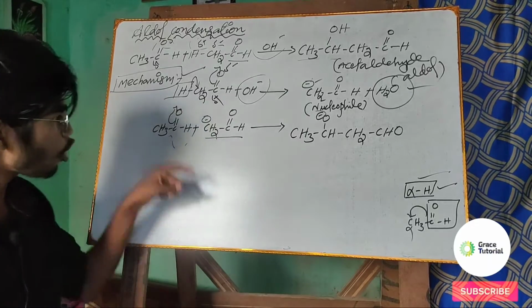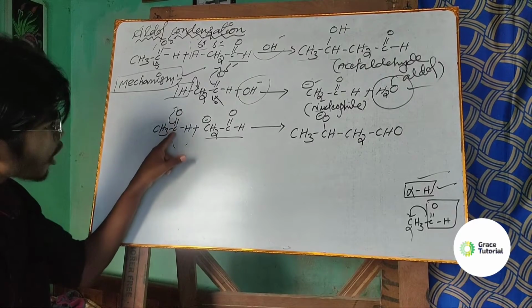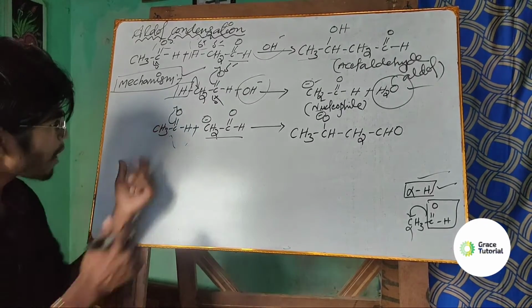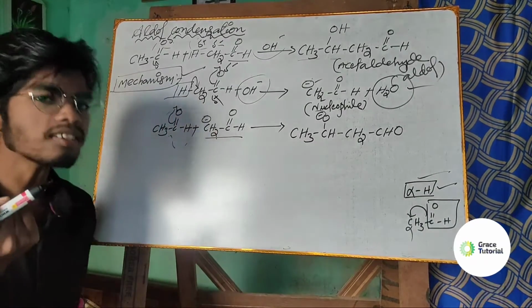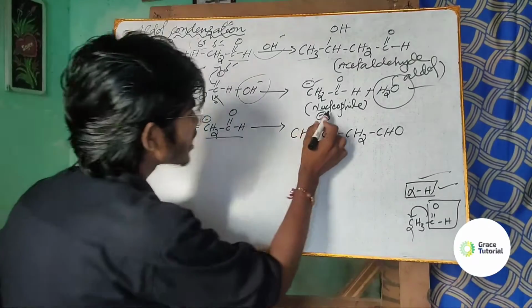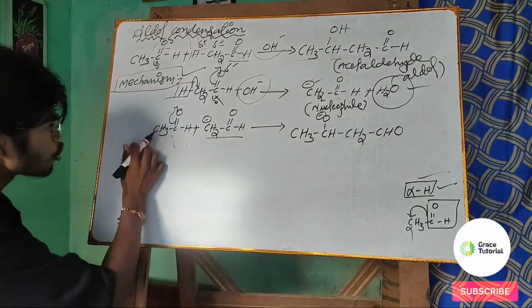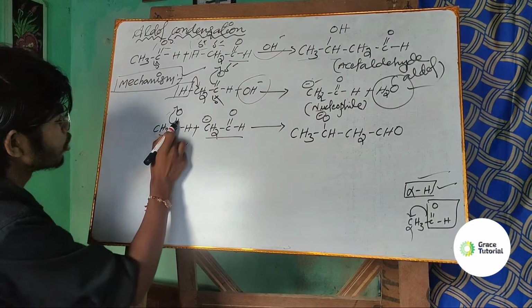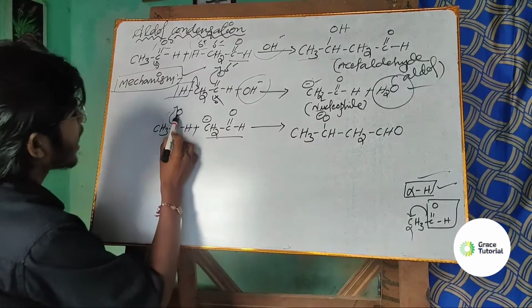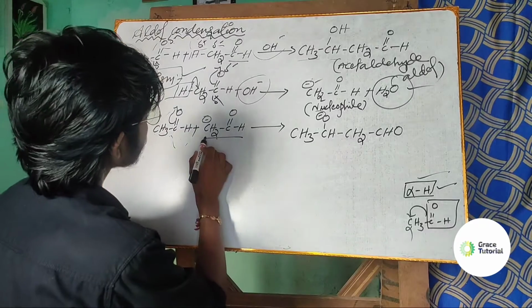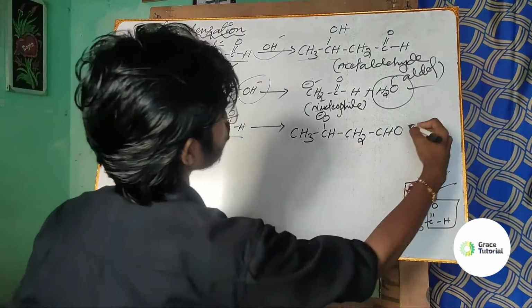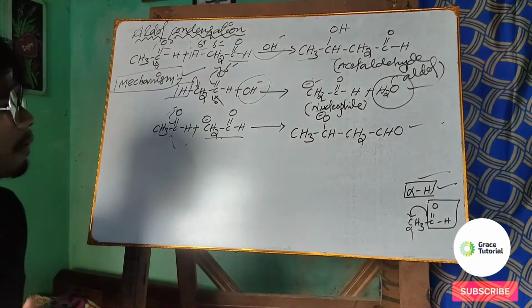Because the oxygen is more electronegative than the carbon atom, this shared pair of the electron will be attracted by the oxygen atom towards itself. As a result, finally it gives the O minus. So CH3C, and here it is a single bond and O minus is obtained, and we have CH2CHO.